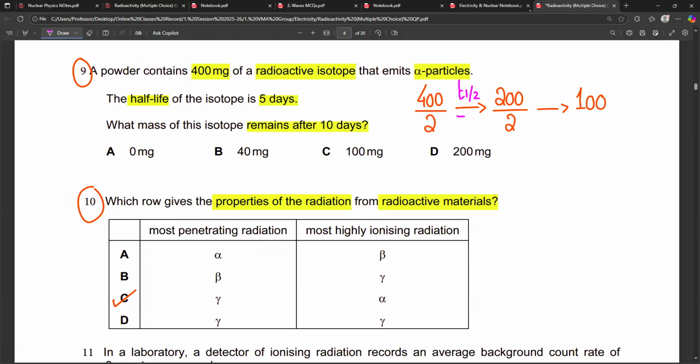It takes 5 days. And this is the second half-life. So 5 plus 5, 10 days. So after 10 days, the mass remaining will be 100 mg. Okay.